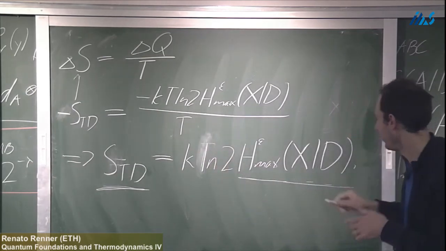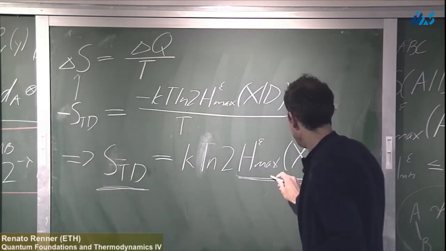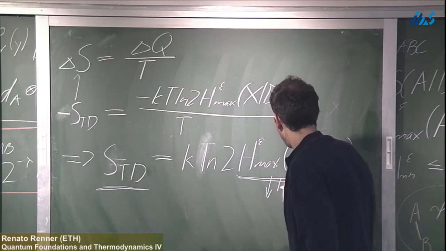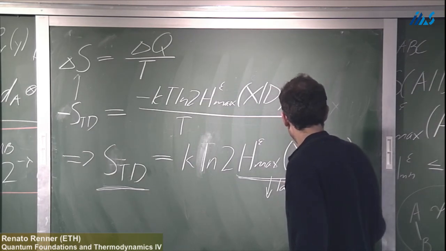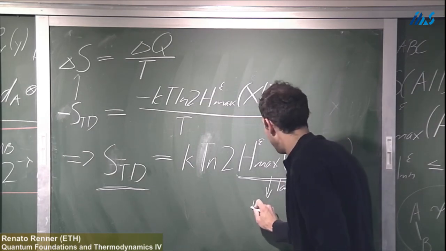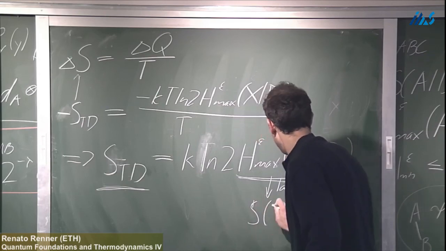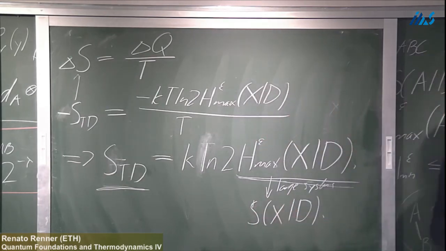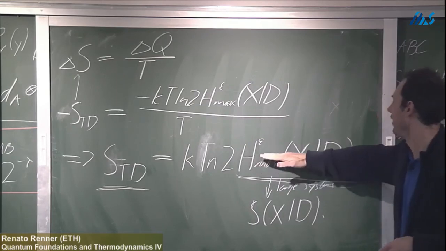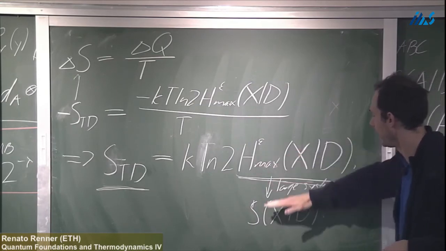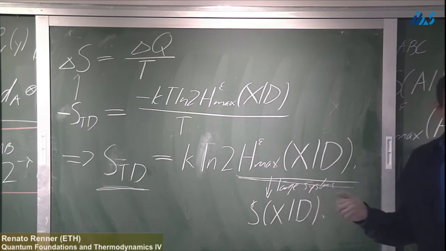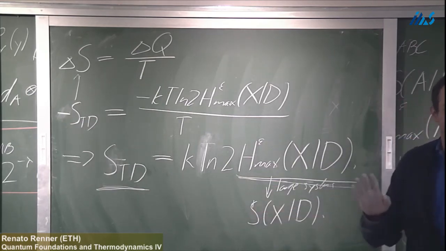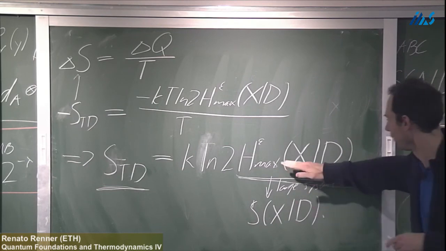So it turns out that in many relevant cases, for typical large systems, this is the same as the von Neumann entropy of x given D. So that's one thing we learn. There are two things we learn. One thing is that it's actually a different entropy than we expected, but in the usual cases that we have physically, it still happens to be the one we expected to find. But in general, it's not that one.